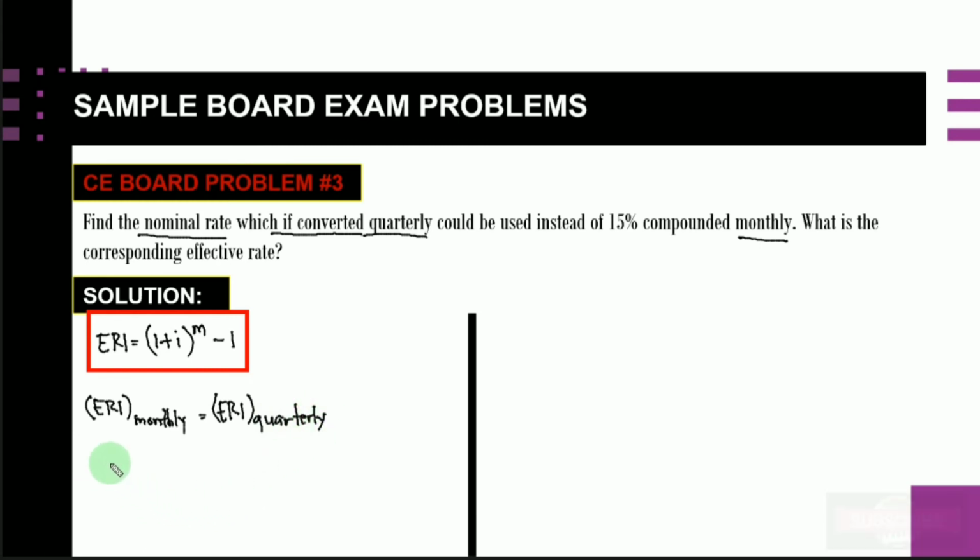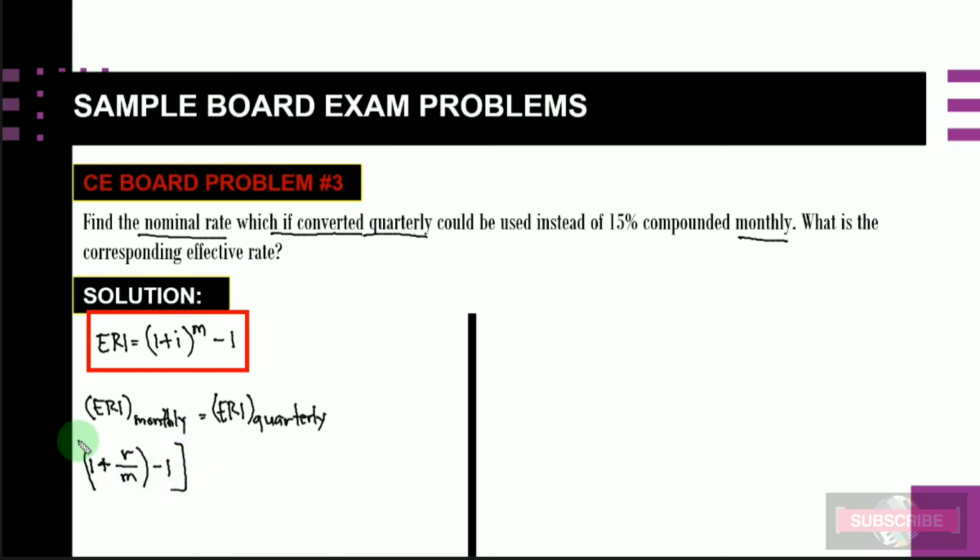So using the formula here, we have 1 plus. We already have a given R, so we will replace the i with the ratio R over M, so 1 plus R over M, minus 1.